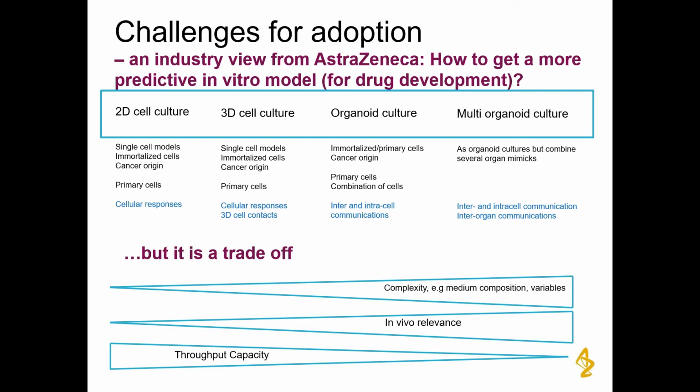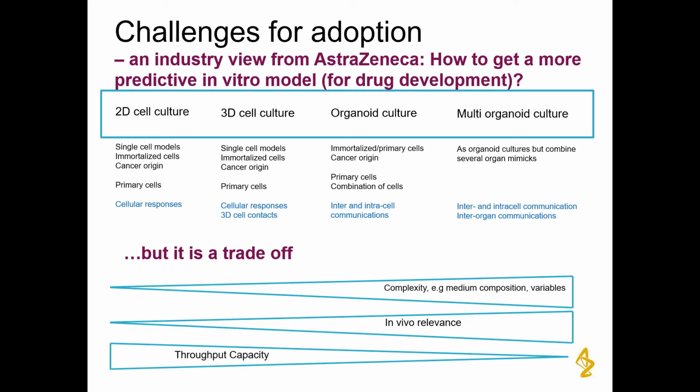So meanwhile, let's look at how industry views the changing scene of in vitro work. This is a slide from AstraZeneca, and it shows very clearly how they see the two-dimensional culture evolving as you go from left to right into multi-organoid type cultures. It's quite clear that the more complex the model, the more information you may get. But there is a trade-off for industry, because every model, as you go more complex, is more difficult to run.